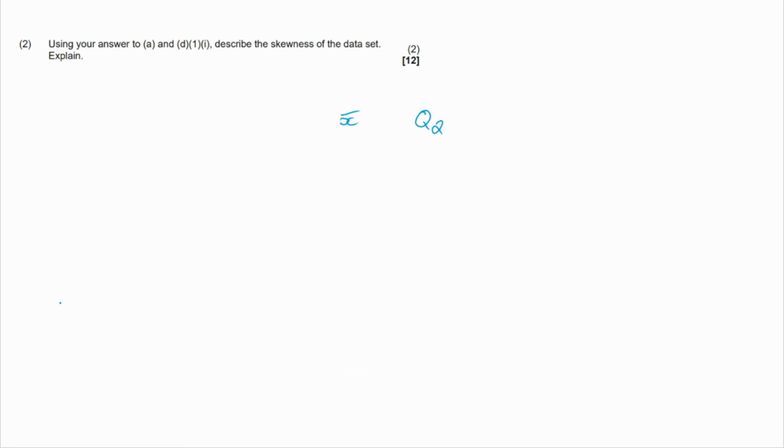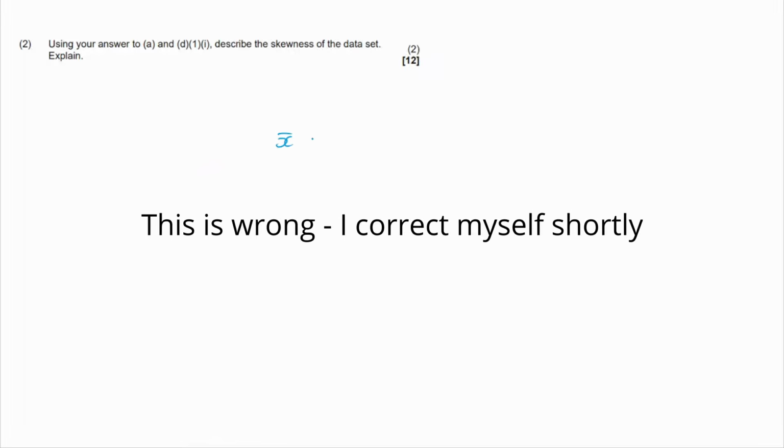So you could say, which is a tough one. Let's look at this. So in my drawing, because I'm doing it digitally and not too accurately, I get that the mean is to the left of the median.